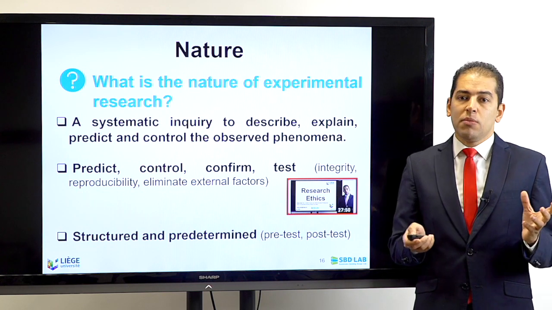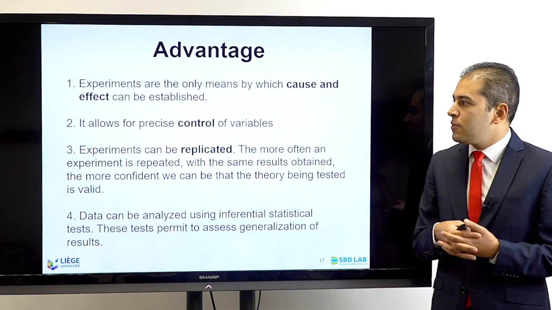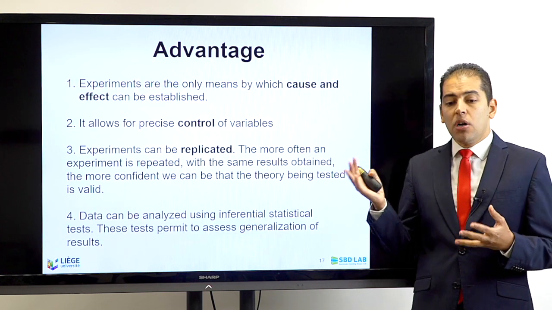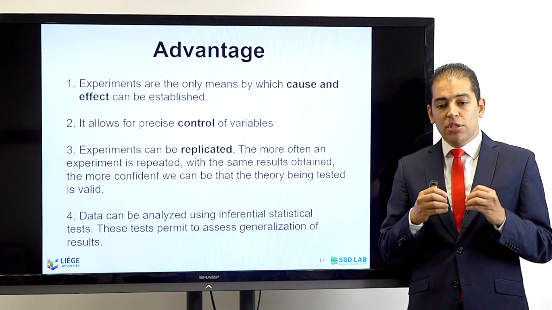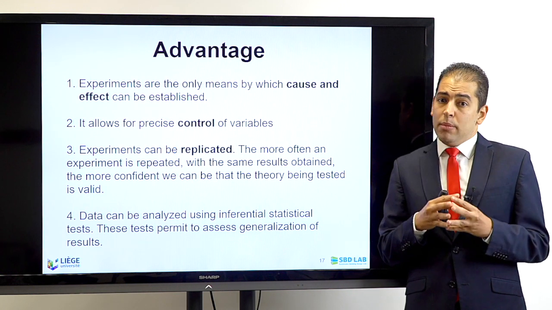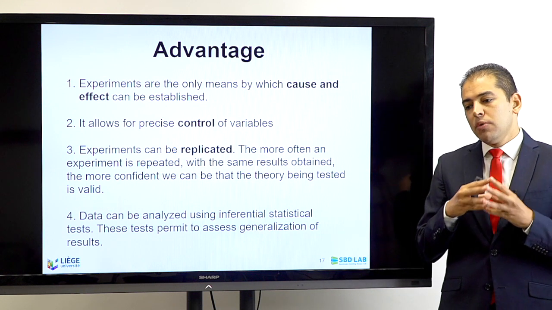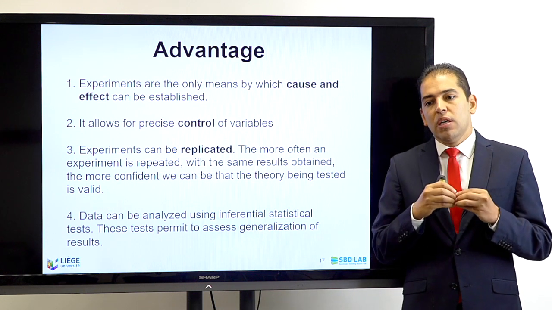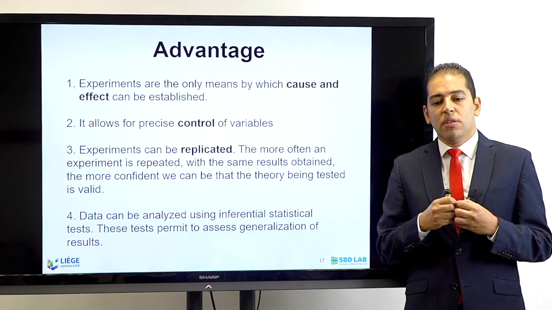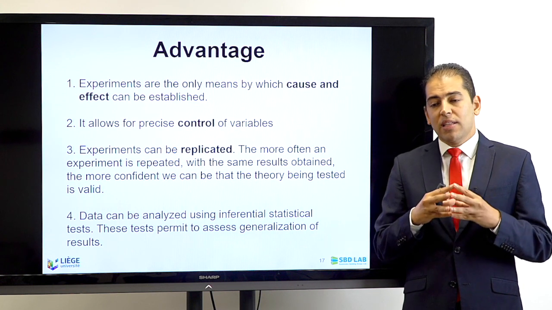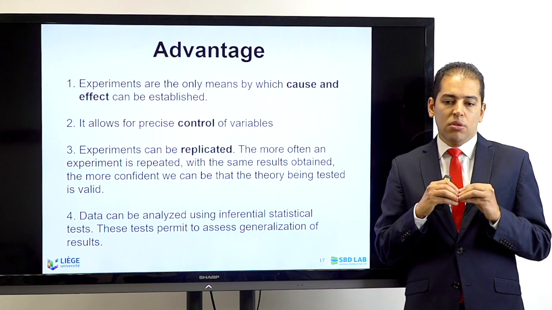Now one will ask me, okay, what is then the advantage of experimental research? Well, experiments are the only means by which cause and effect can be established. So this is the only way to have solid confidence in the data that we generate, and we can really establish the cause and effect.